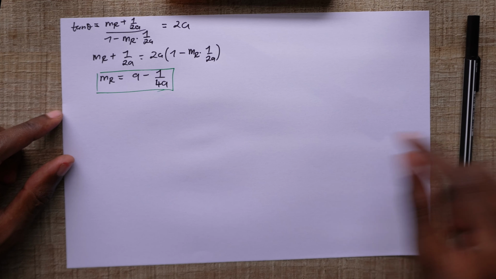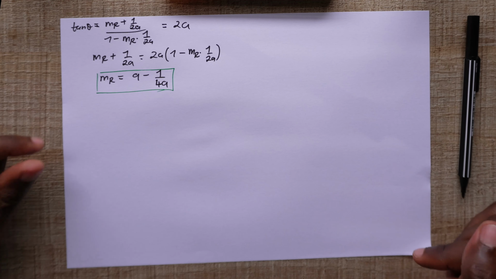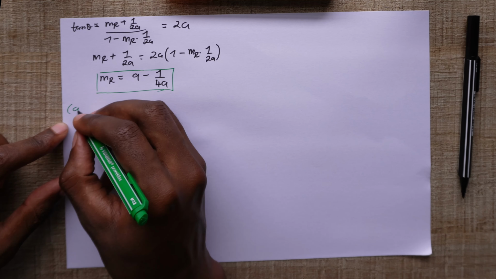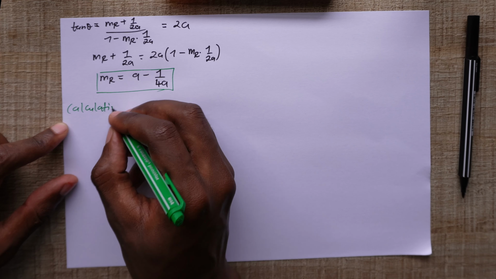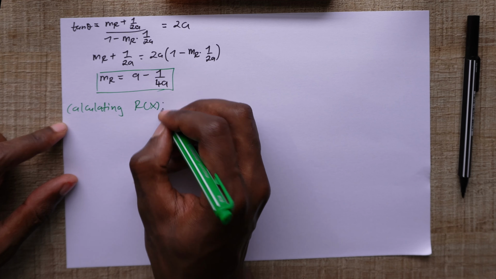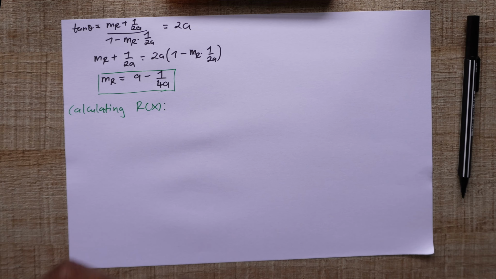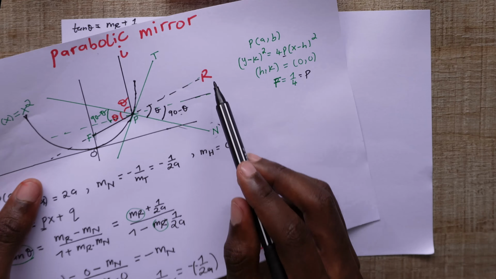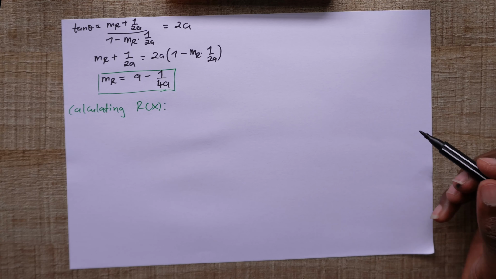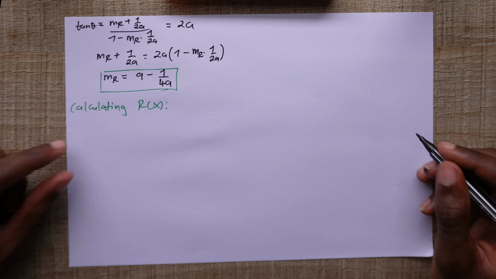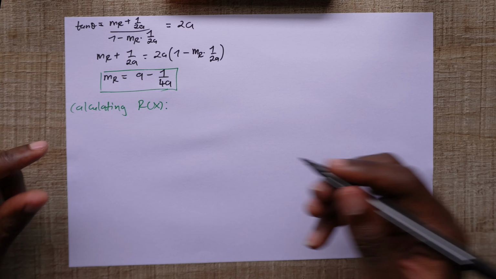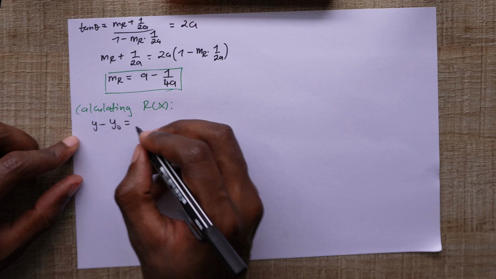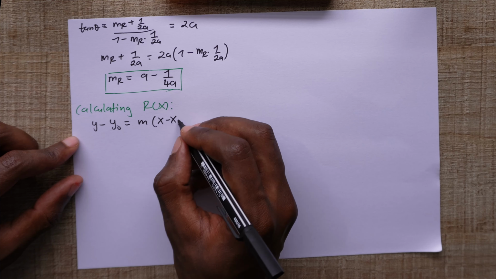So having this slope, we can then proceed to get now the equation of r of x. Calculating r of x. R of x here is just the Cartesian equation of this reflected ray. You recall that the general equation of a straight line is given by y minus y0 equals m times x minus x0.